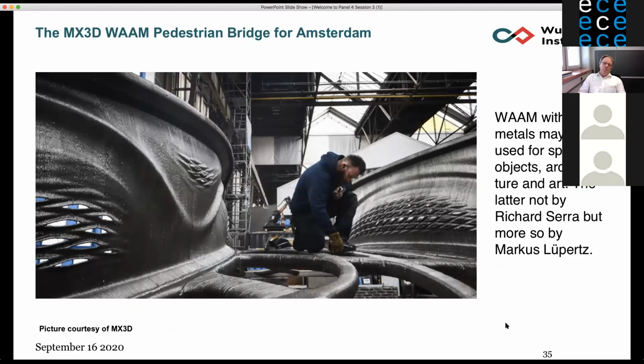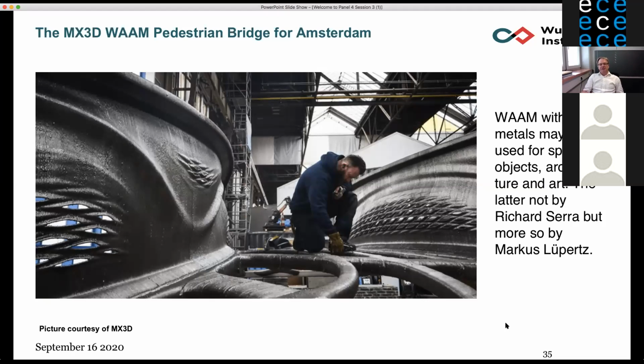Yes, and the reInvent project has been mentioned, and one of the reasons for me to go back to additive manufacturing or 3D printing was simply the reInvent project, because we had one case study that took a look at wire arc additive manufacturing.